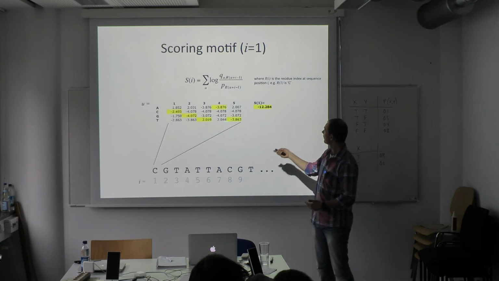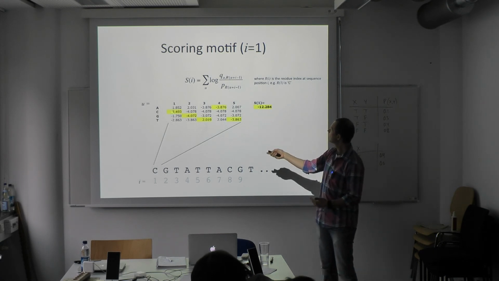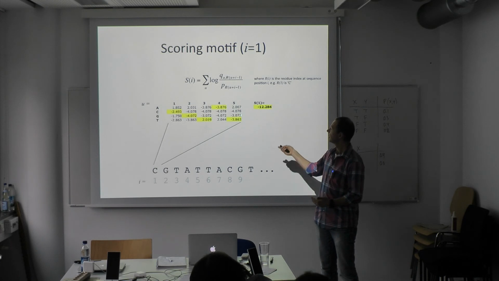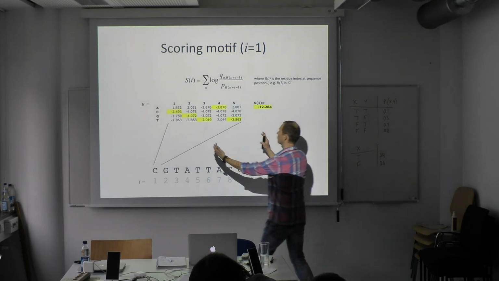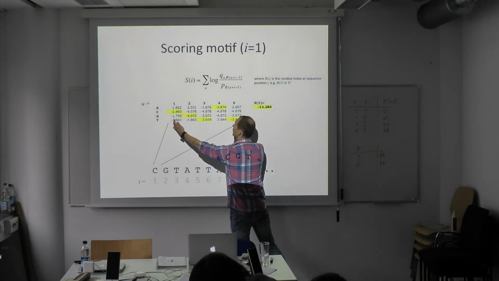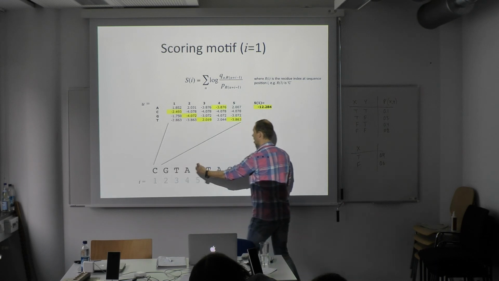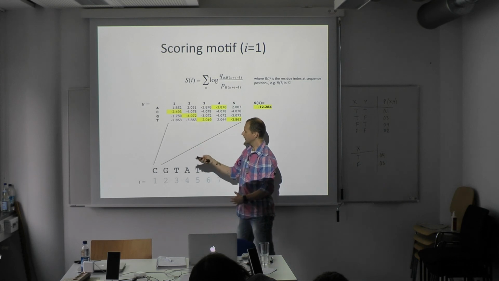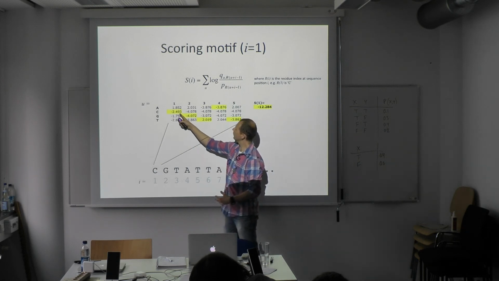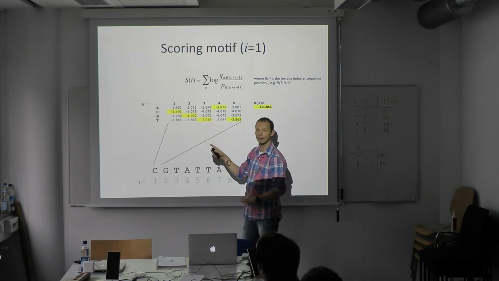So we end up with a matrix, a PWM, or position weight matrix, that looks like this with the log odds scores, and this will stay the same, and we're going to use this as a kind of window to scan this sequence here. The only thing that will change between the next few slides is which of these cells are being highlighted.